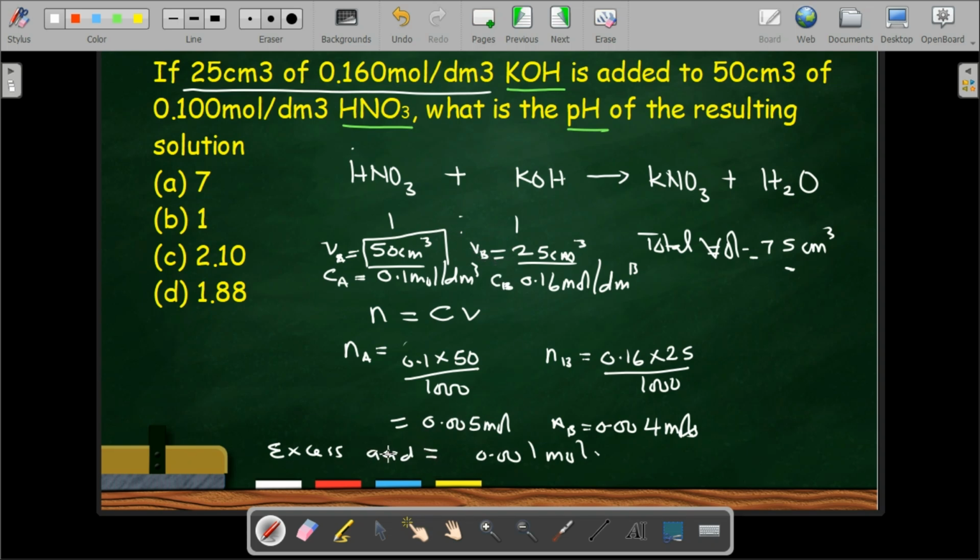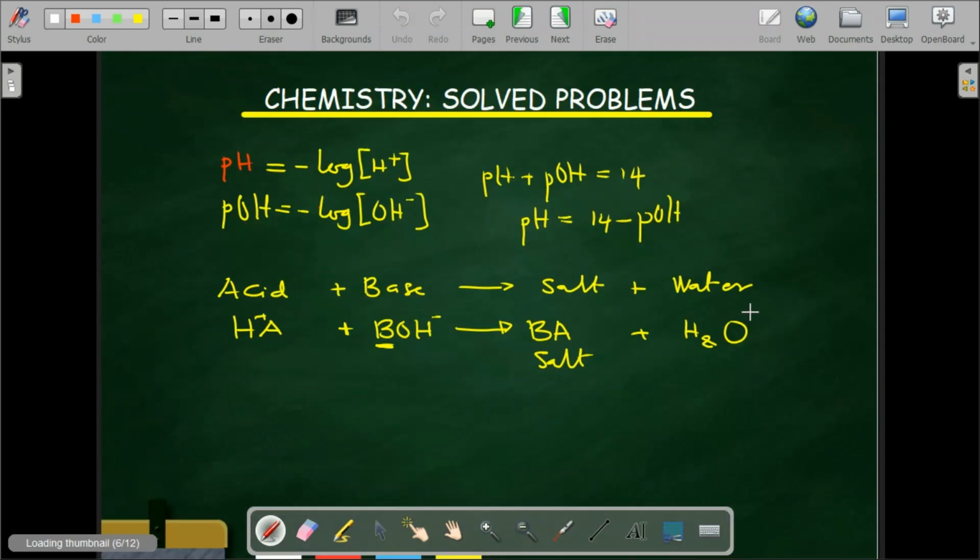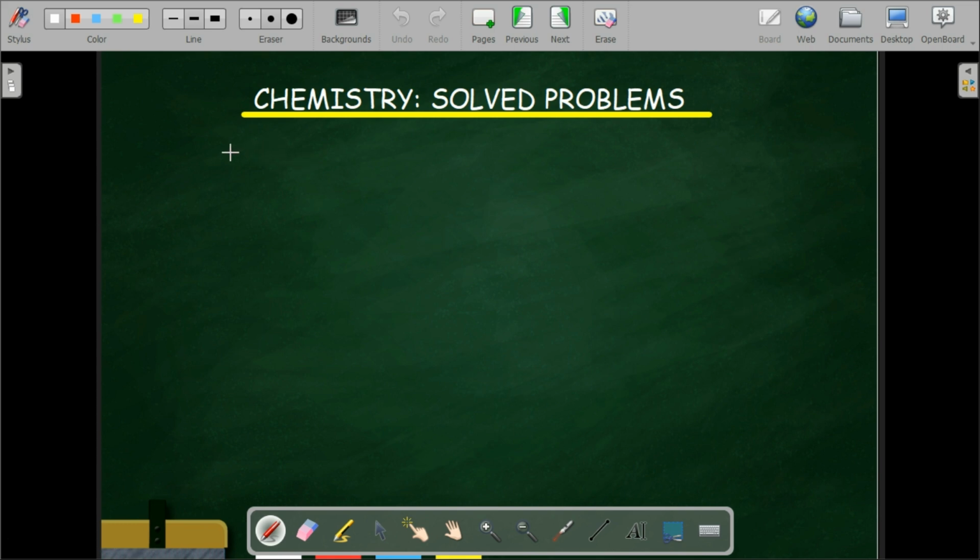With the excess number of moles of acid known and the total volume known, we can calculate the concentration of the acid that is in excess. The number of moles of excess acid is 0.001 mole, and the total volume is 75 cm cube.